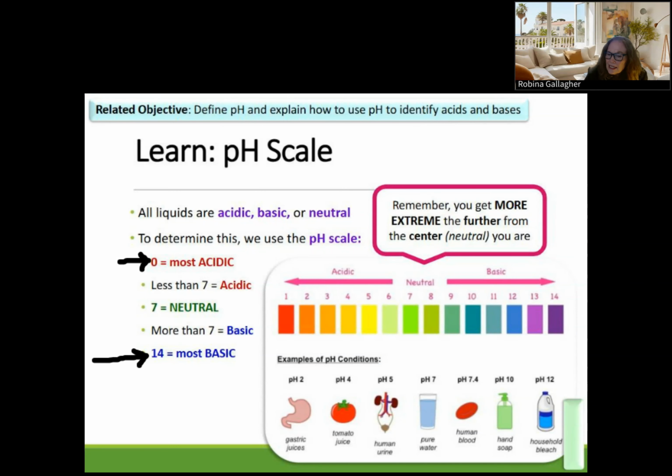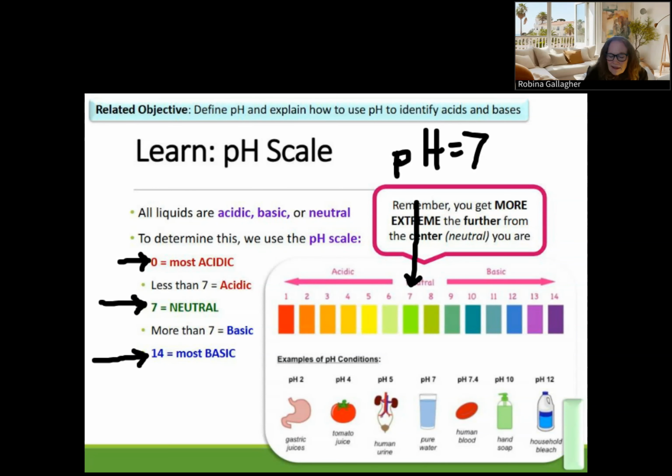And 14 is the most basic, highly basic, okay? And that means this in the middle, pH of 7, is neutral, okay?